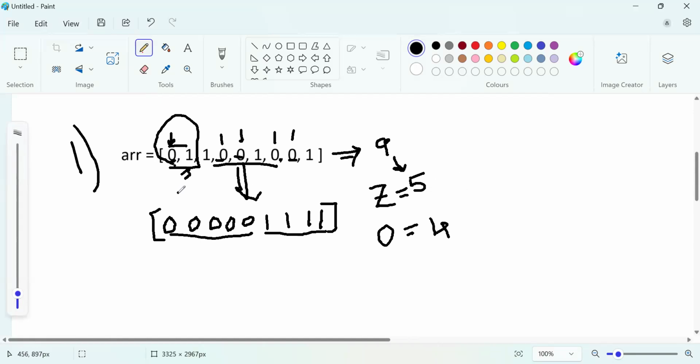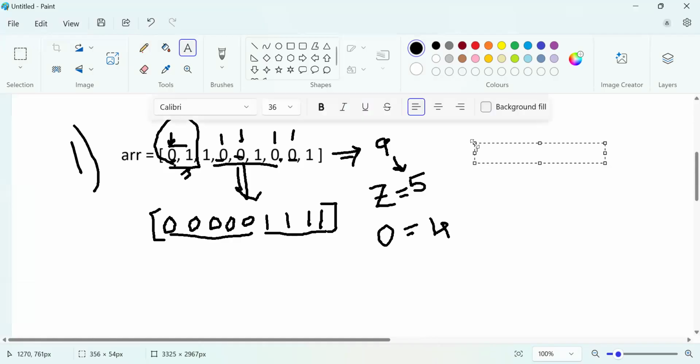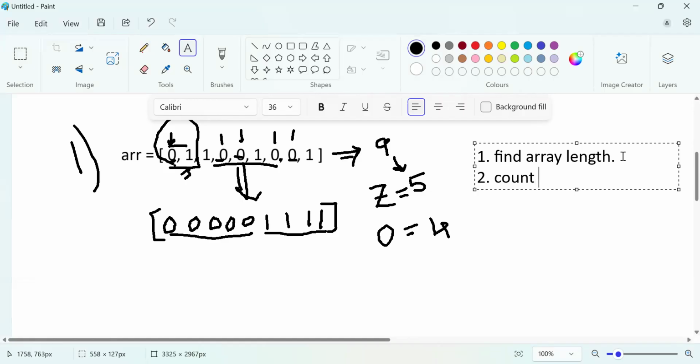I hope this is clear. Let me note down the same thing here. The first step is to find the array's length. After finding it, obviously we know the method called array.length. After that, count the number of zeros.